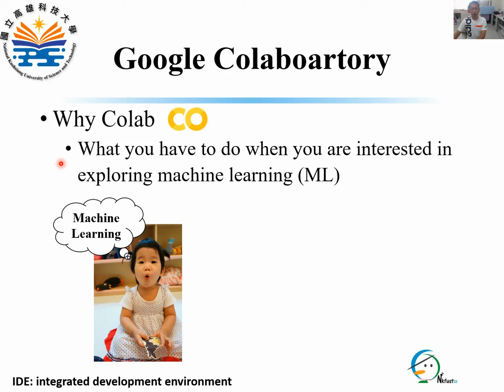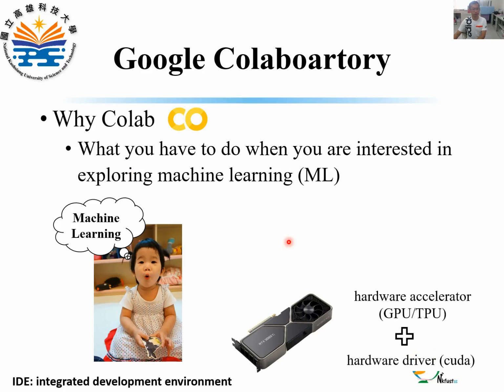What you have to do when you are interested in exploring machine learning. Firstly, you have to buy a hardware accelerator, such as a GPU or TPU card. And then you have to install the hardware driver, such as CUDA.